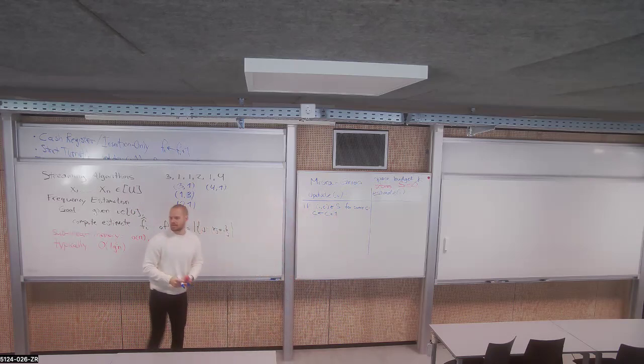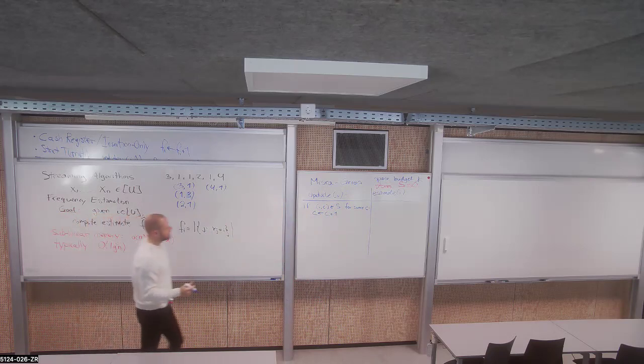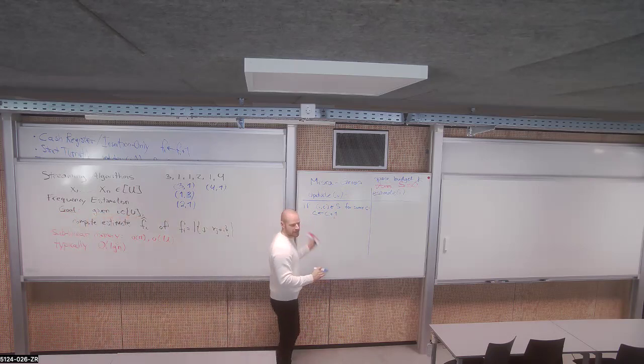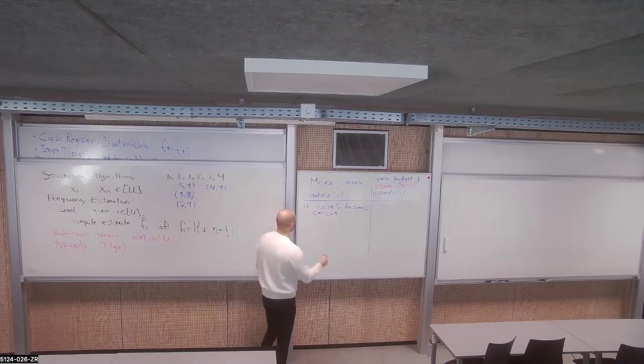Makes sense? So if I see another I, I check, am I already storing a counter for it? If I am, I just increment that counter. That's the same as if you had as much space as you wanted.